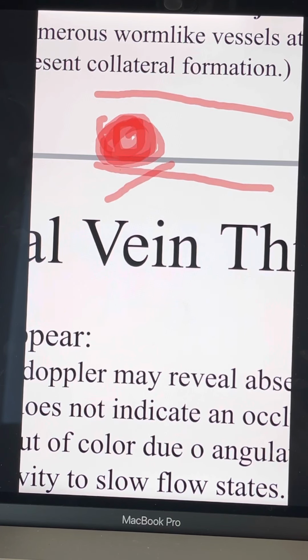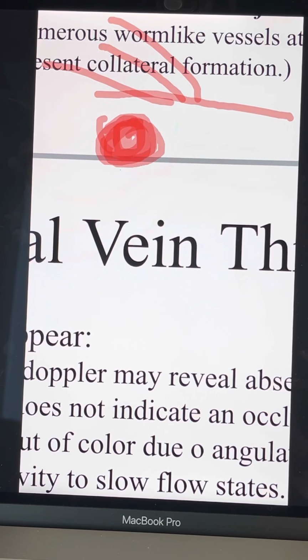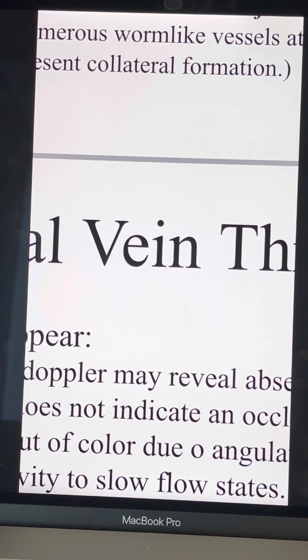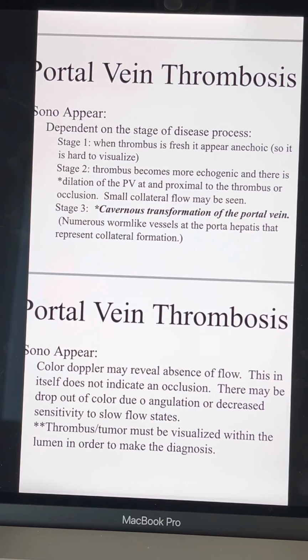Because there is too much pressure from back here, sometimes the portal vein is going to make parallel channels, small collaterals, to enter inside the liver, and those small collaterals are called cavernous transformation of the portal vein.